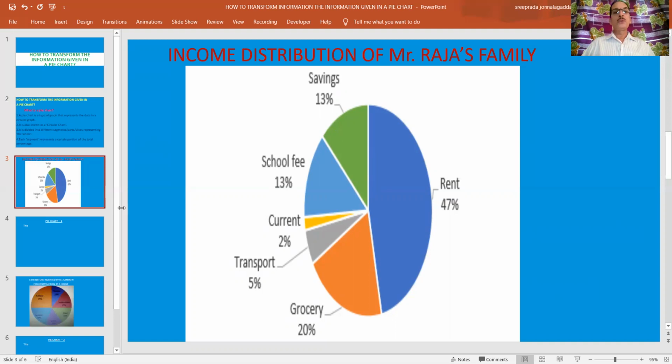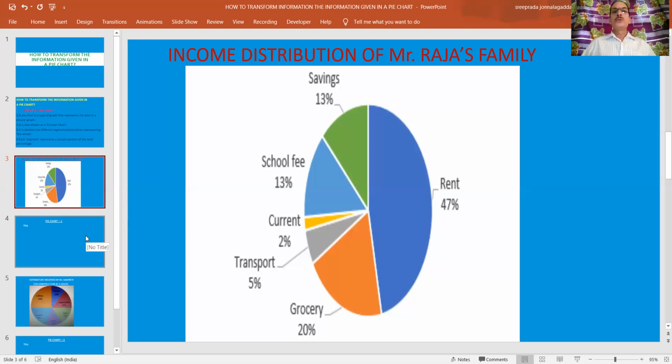So that is what we have to understand. And after having a complete comprehension or understanding of the pie chart only, we can change that information into a paragraph.